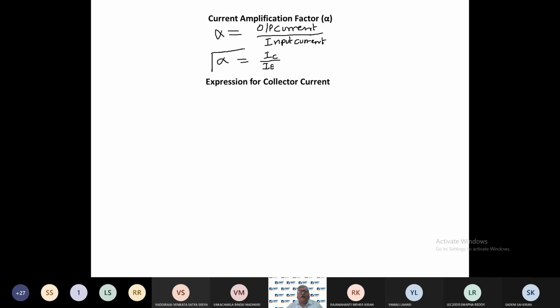So here you can see, as I already told you, IC is slightly less than IE. So its ratio will always be less than 1, right?